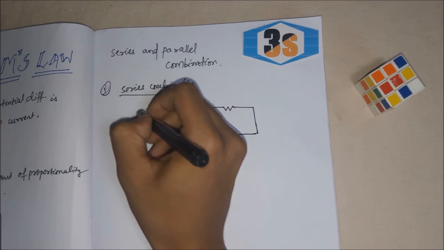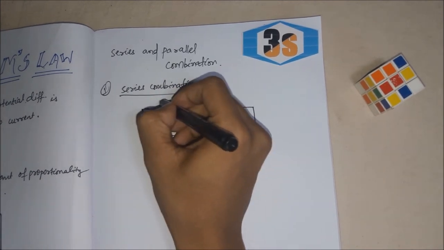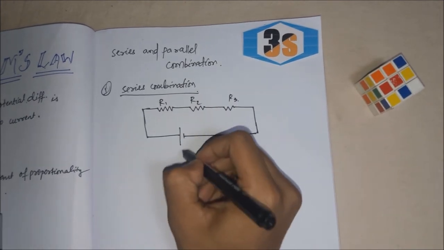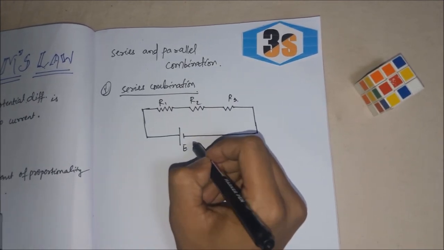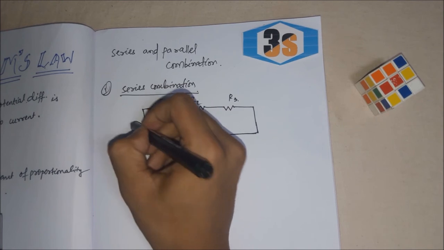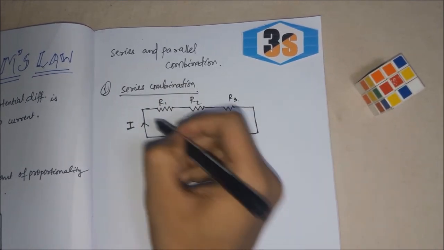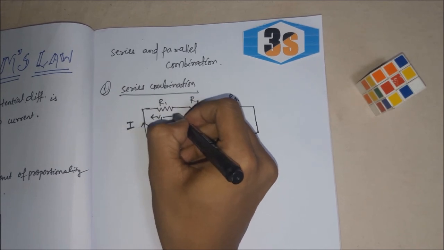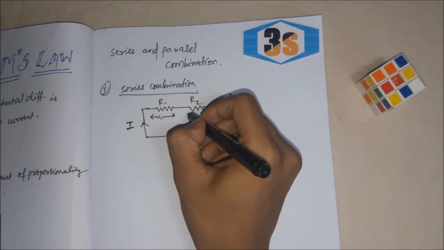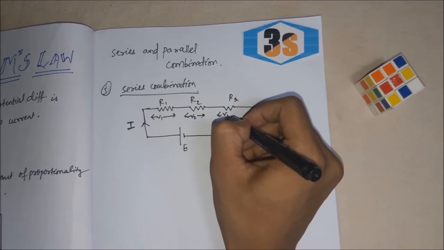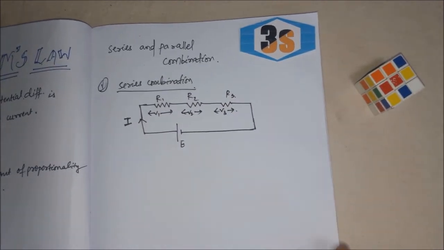We have a simple series circuit in which we have three resistors named R1, R2 and R3, a cell giving a constant potential of E, and current I flowing through the circuit. Let V1 be the potential across the resistor R1, V2 be the potential across the resistor R2, and V3 be the potential across the resistor R3.